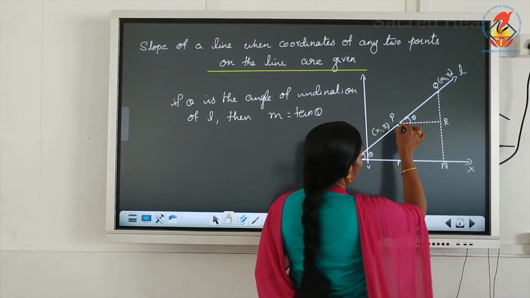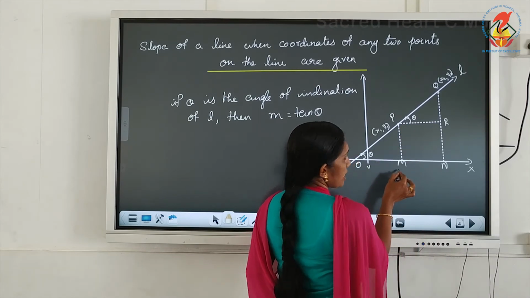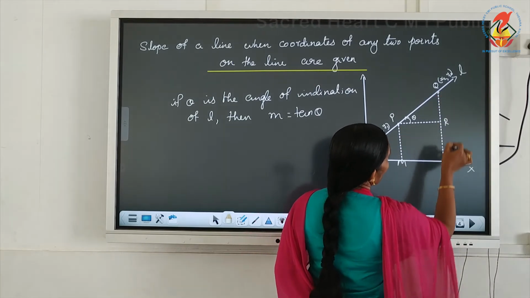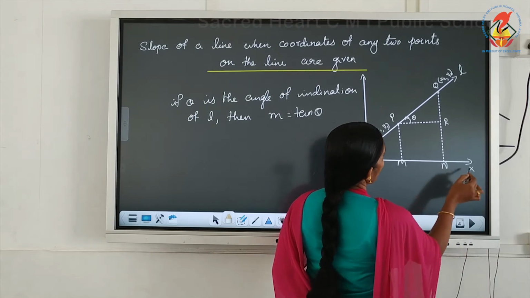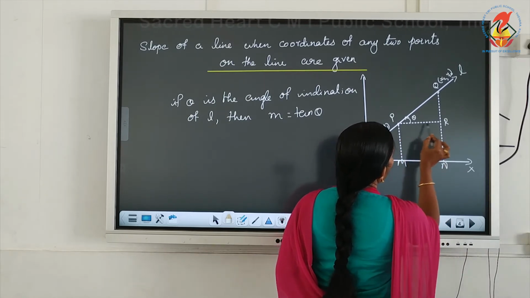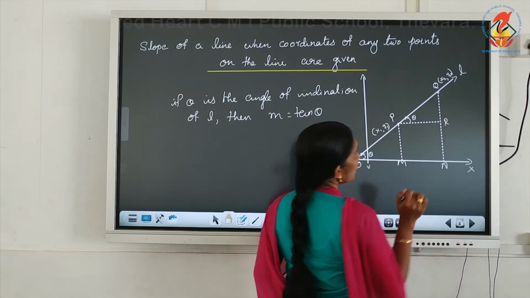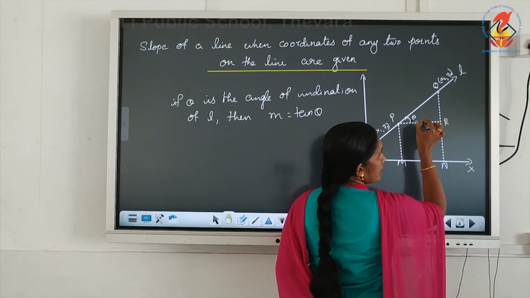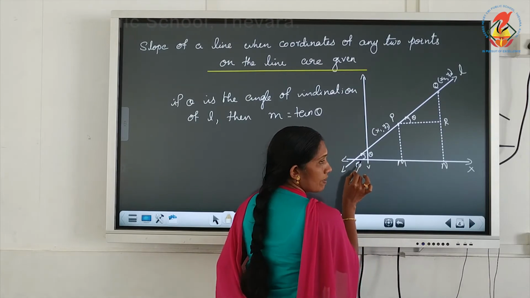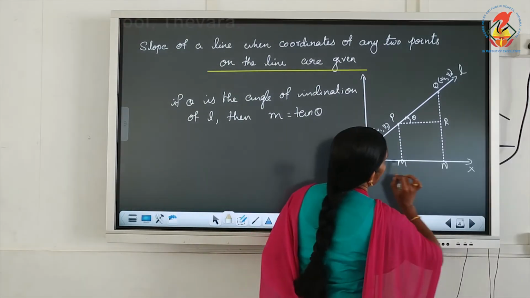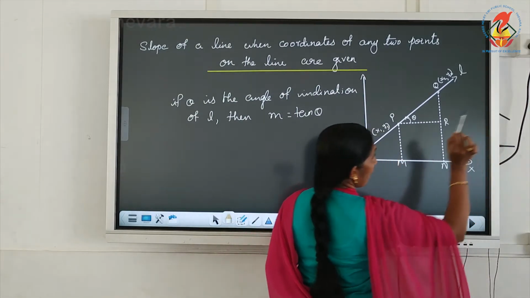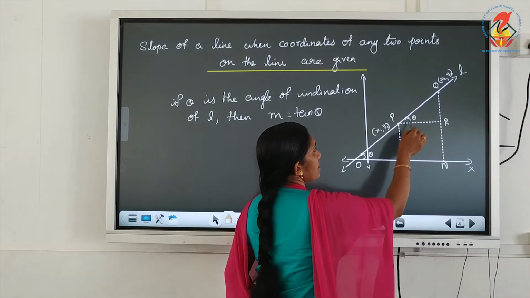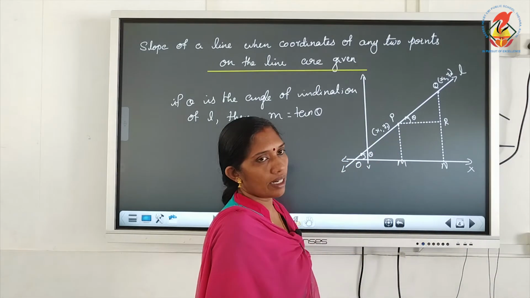So here from P, one perpendicular to the x-axis, Pm, from Q, Qn is the perpendicular to the x-axis, and from P, PR is perpendicular to Qn. Also here this angle is theta. Since this one is theta, the x-axis and PR are parallel lines. So these are corresponding angles, they are equal.